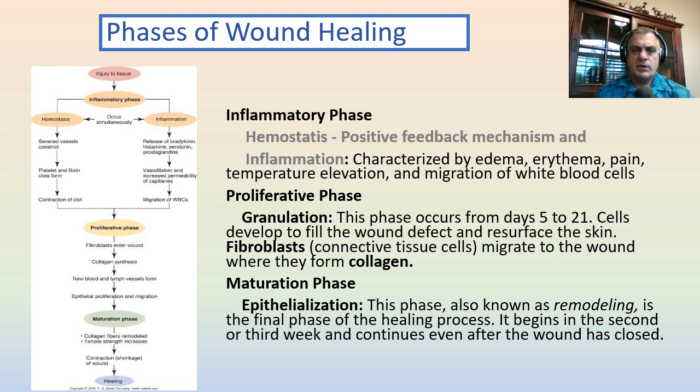Proliferation, think of cellular proliferation or regeneration. Rapid cellular division occurs between 5 and 21 days as the wound is replaced by good, new, healthy cells, and fibroblasts, connective tissue, migrate to the wound and help to form collagen, and that collagen helps to re-strengthen, and that's where it starts to granulate.